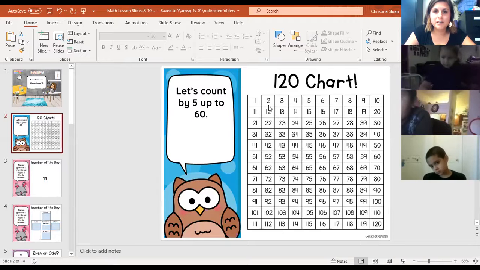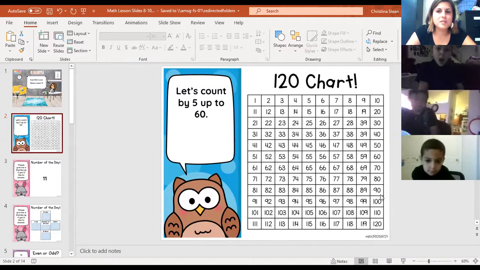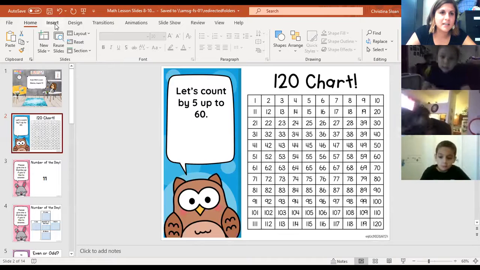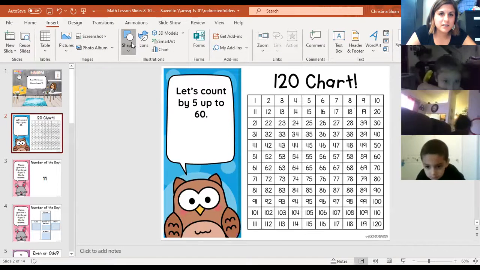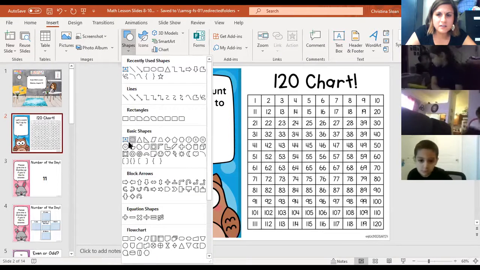So 1, 2, 3, 4, 5, 6, 7, 8, 9, 10. Once we get to 10, we come back over, we go to the next line and start over here again, and then we continue on. So we are going to use this chart to count to 60, which is right here. Let me see if I can circle it.